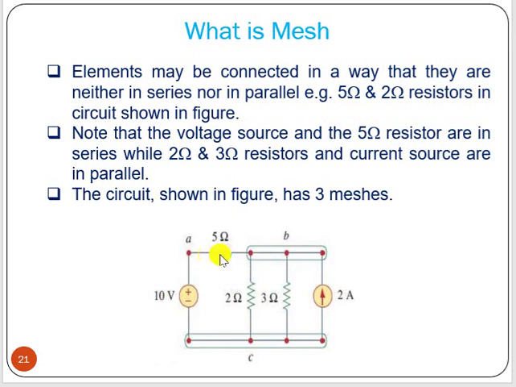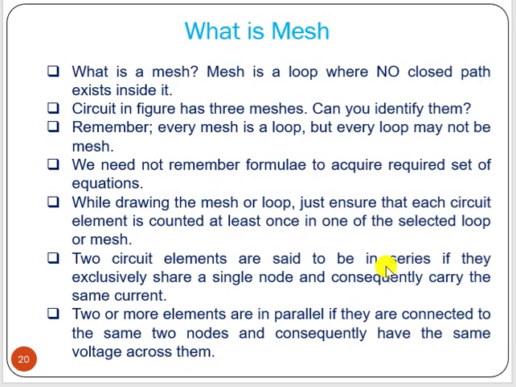We cannot take A, B, 5 ohm resistor, 3 ohm resistor and then voltage source as a whole as a mesh. Why? Because it contains another loop inside. But if you take this one, it doesn't have any loop inside. If you take this loop, this is again a mesh, and this one too. So mesh is nothing but a loop where no closed path exists inside it. That is the main point.